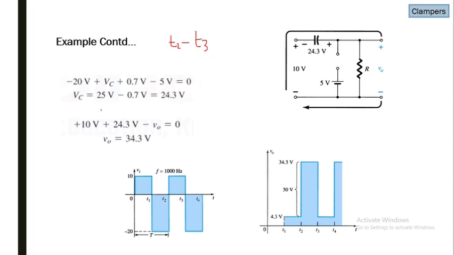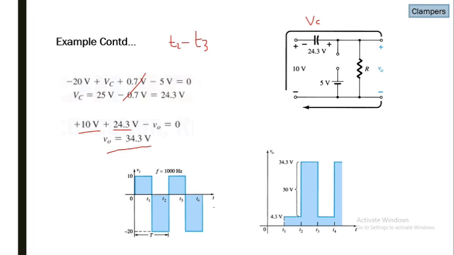So if we want to find the output voltage in this case, we can apply KVL at this outer loop. So KVL will give us plus 10 volt rise and then again 24.3 volt rise of Vc, and then we have a drop of V0. This gives us V0 is equal to 34.3 volt.